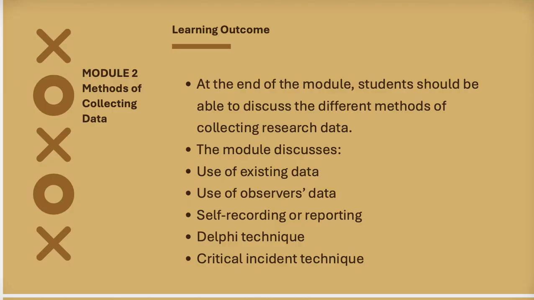So the use of existing or available data, researchers may collect information from reports and documents that already exist within an institution. So the module identifies two general forms of existing or available data.